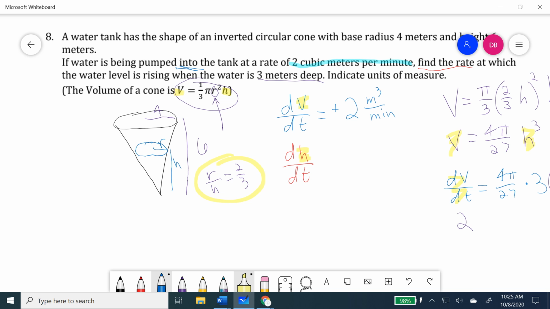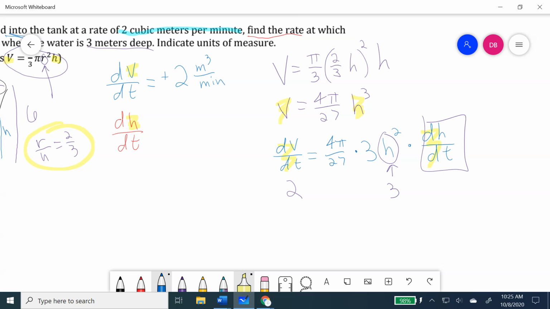So know that sometimes the "when" information isn't the exact information you need, but it's enough to find the information you need. And you probably have already dealt with whatever formula you need to be looking for in this problem. Keep that in mind. But then at that point, it's just multiply, divide, and you've got your answer.